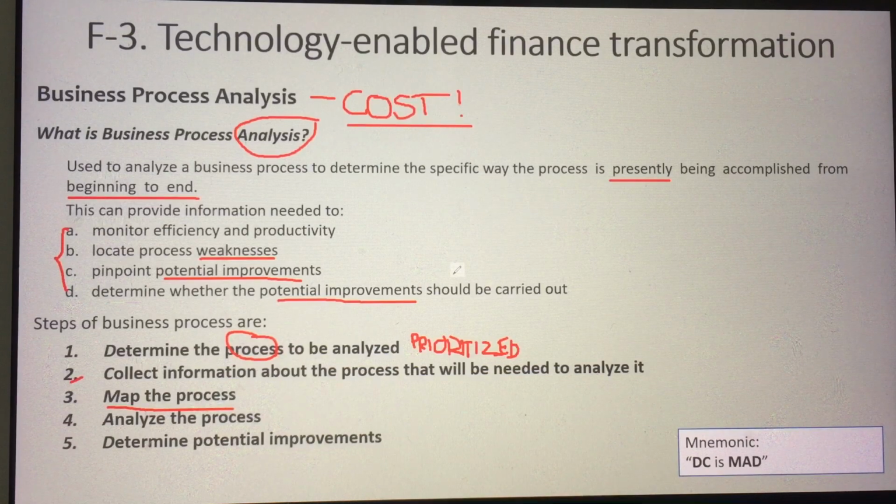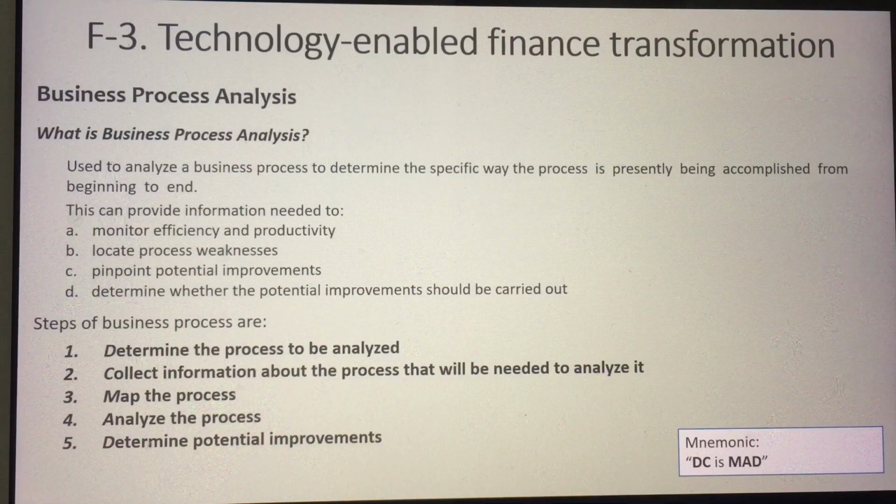Those are the items that we identify during your business process analysis. Okay? So, you analyze all of the business processes that are crucial to the operations. So, we need to prioritize. Okay? So, that's your business process analysis.